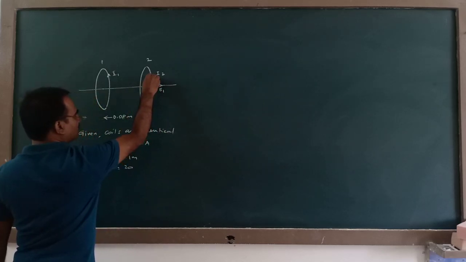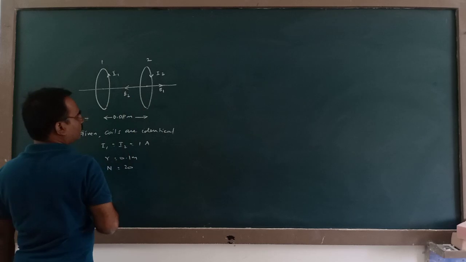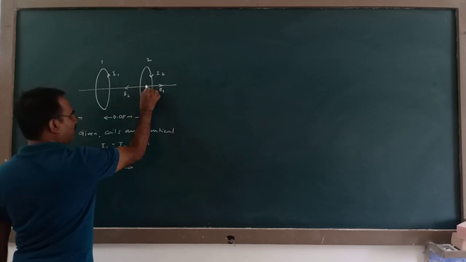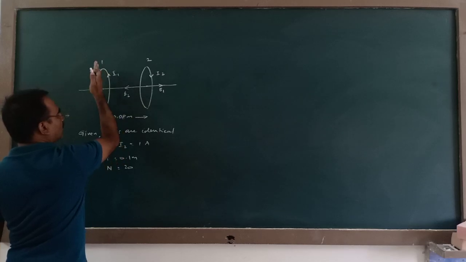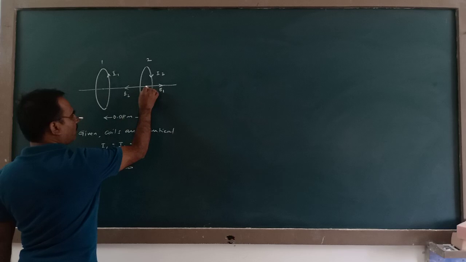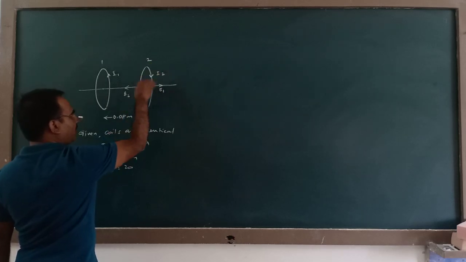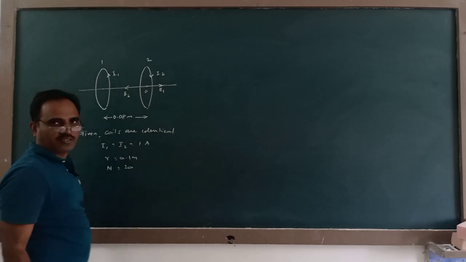And this current is clockwise, so the field is away, B2. You are asked to find the field at the center of either coil. So first, due to the coil 1, you find the magnetic field at O. Next, you find the magnetic field at O due to the coil 2. These two being in opposite directions, you find the resultant field.